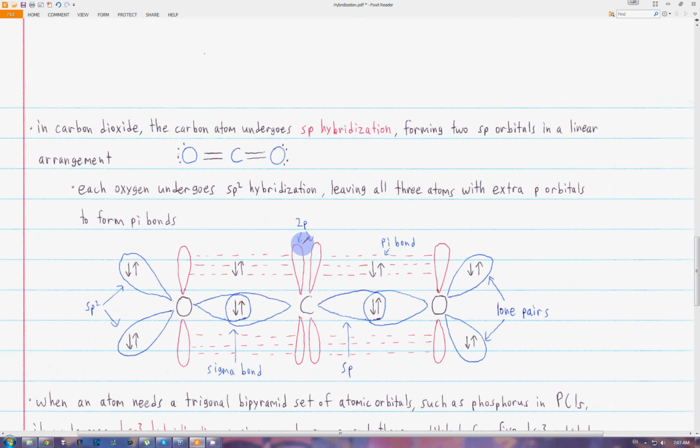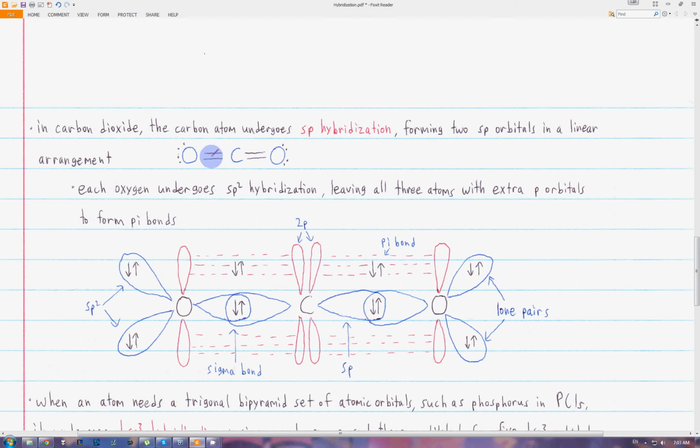So next we're going to look at carbon dioxide. Now, in carbon dioxide, the carbon needs two spaces. So again, since the double bond counts as one space. So it undergoes sp hybridization, and sp hybridization forms two identical sp orbitals which form a linear arrangement.